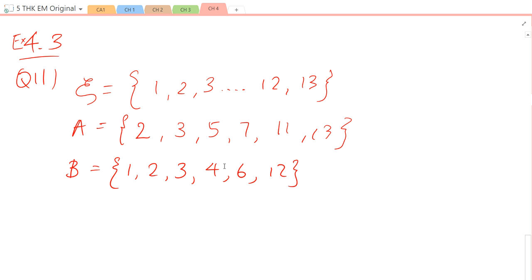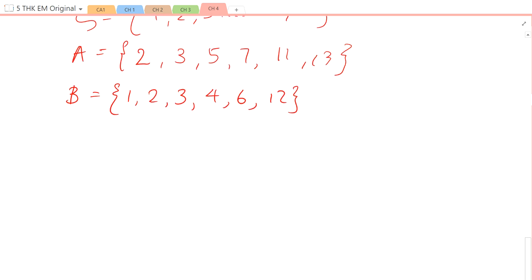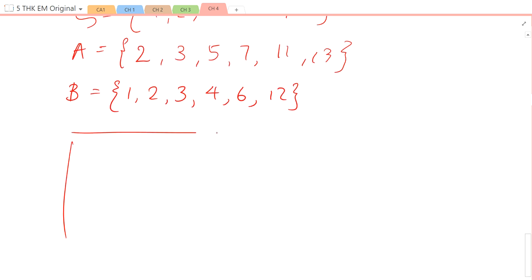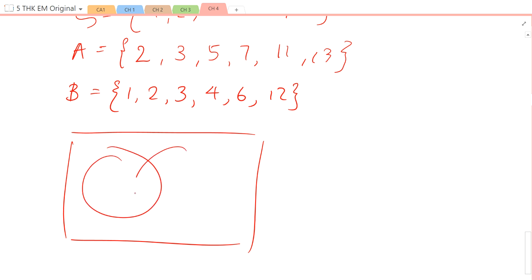So draw a Venn diagram. Set A and set B, do they have anything in common? Yes? Okay, so it should be like this, right? A and B. So now my approach, I try to list down everything that is common first. I know the common numbers will go in the center, the intersection.